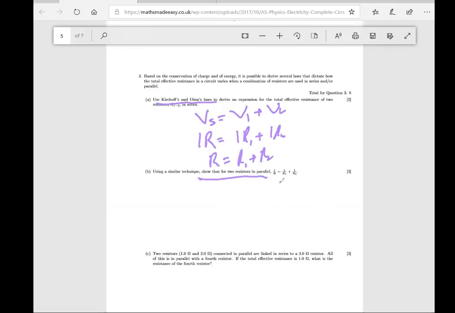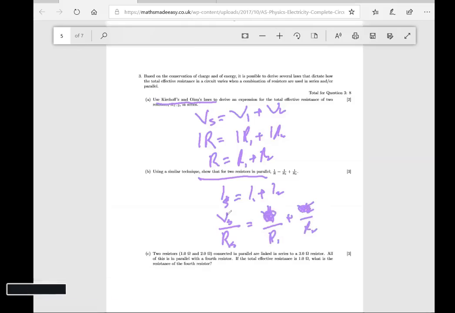In the parallel case, we will apply KCL, which says that I source is equal to I1 plus I2. So I source will be equal to V source divided by R source, that is equal to V1 divided by R1 plus V2 divided by R2. But it is in parallel, so V is same, so you can take it common and cancel it out. So 1 divided by RS is equal to 1 divided by R1 plus 1 divided by R2. Got it?